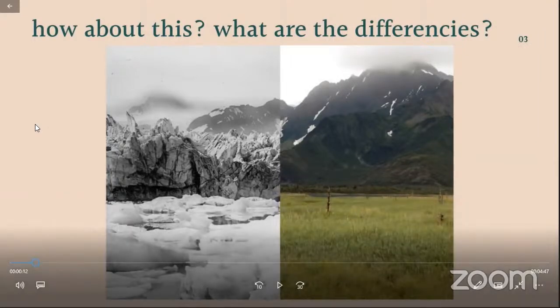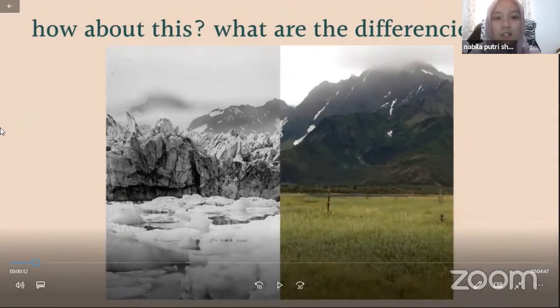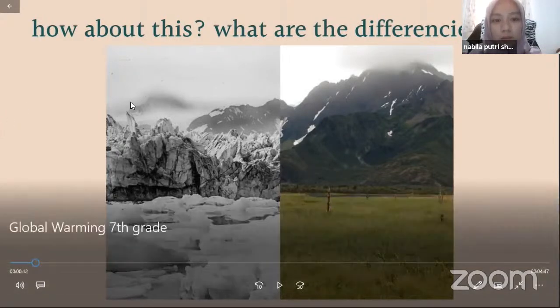Yes. All right. So the presence of snow: on the left side there is so much snow, and the mountain is also covered by snow, while on the right side there is no snow. Can you see?